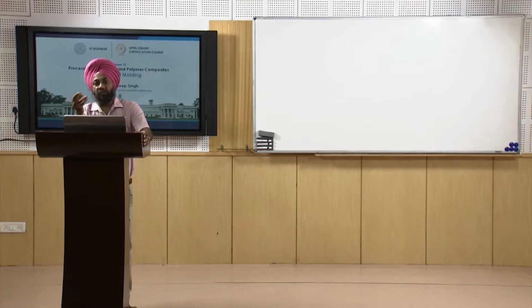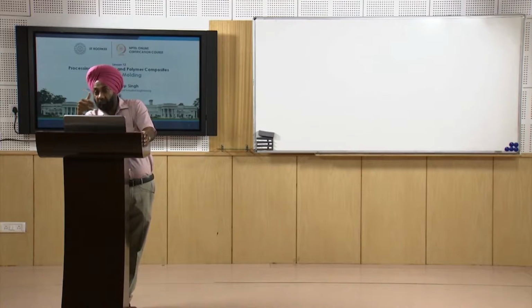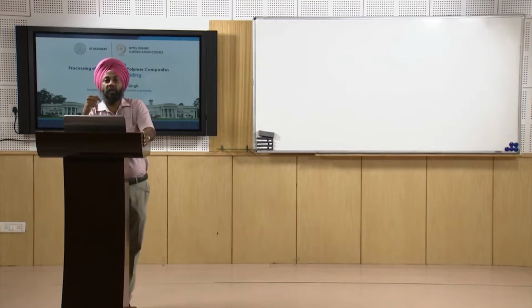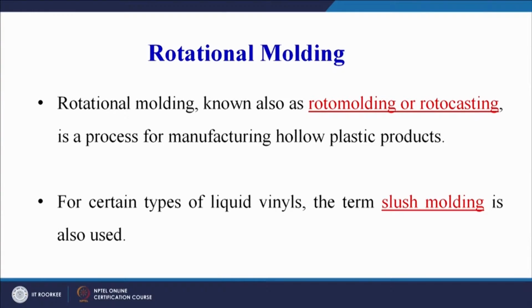Similarly, rotocasting means we add the element of rotation, and casting remains the same: your raw material is in molten form, you put it in the mold and it takes the shape of the mold. The word roto adds an element of rotation to the mold. It is a process for manufacturing hollow plastic products, meaning large axisymmetric products which are hollow from inside.